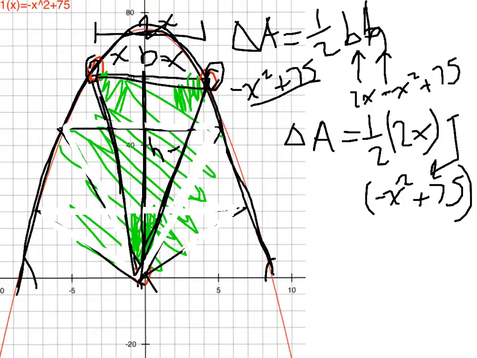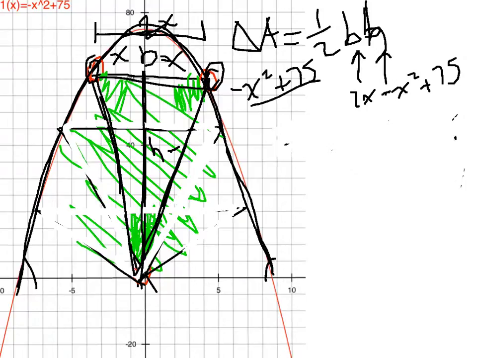Alright, I'm going to rewrite this a little bit. So hopefully you're taking notes, but rewritten, this looks like this. Area equals 1/2 times 2x times negative x squared plus 75.